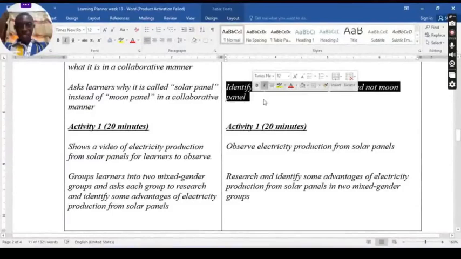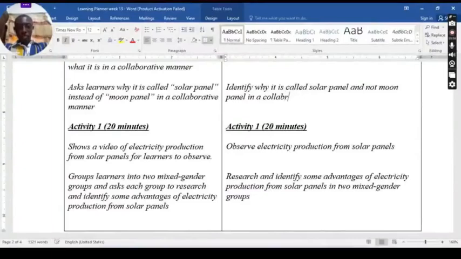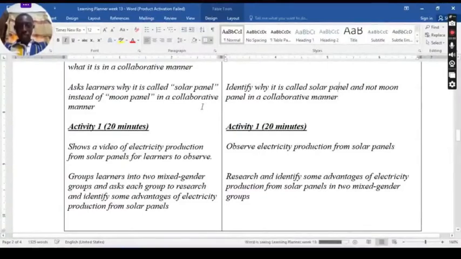They will collaborate and then bring out the answer. So learners identify why it is called solar panel and not a moon panel in a collaborative manner. Alright, so that is the introductory part.